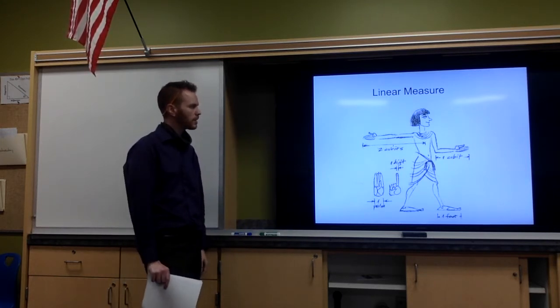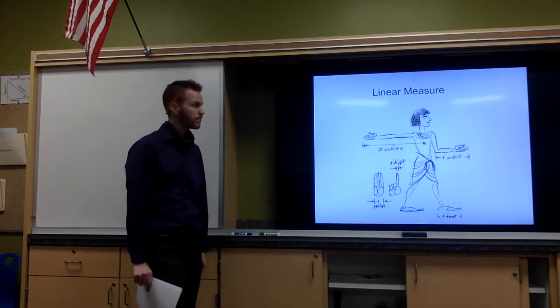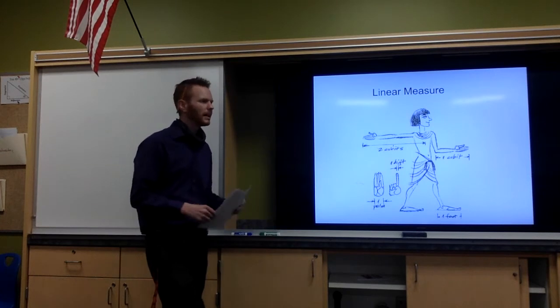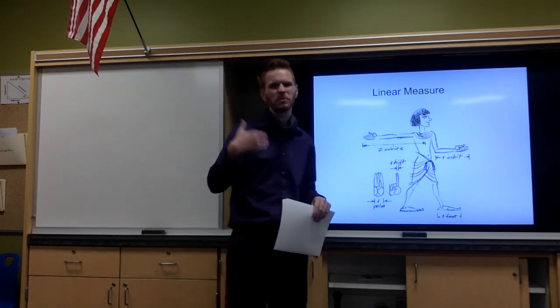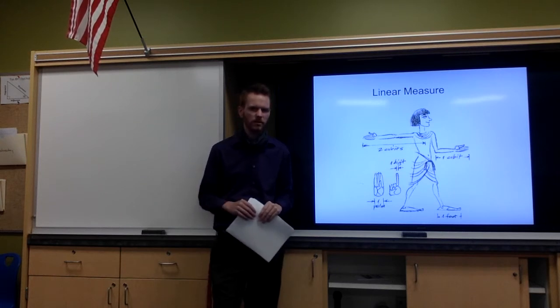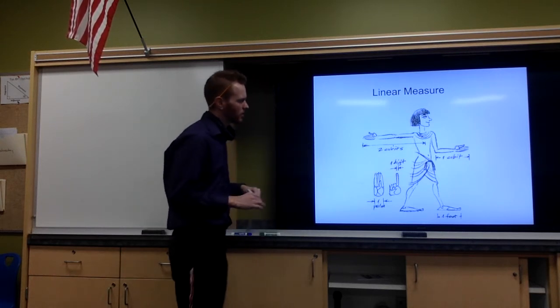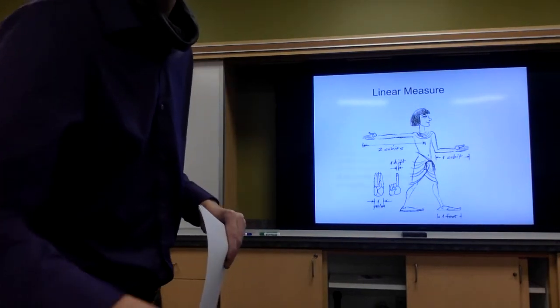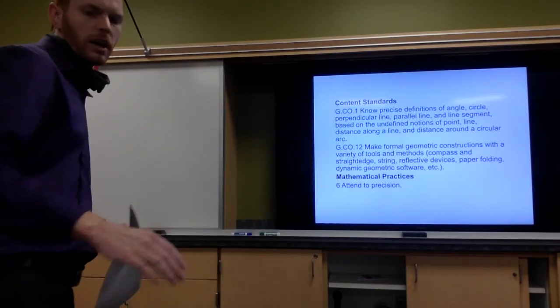So they measured things based on their own body. Now, we don't do that as much today. I mean, some people still do, but we have rulers and other means to measure things with, so not just our body anymore. But I thought that'd be kind of a cool little thing to tell you about.